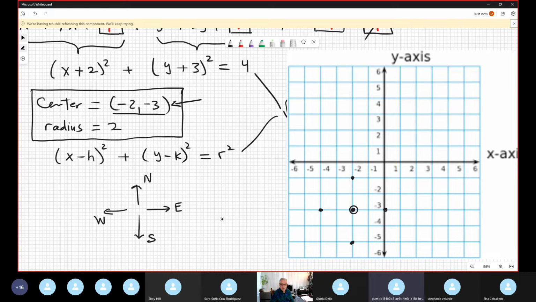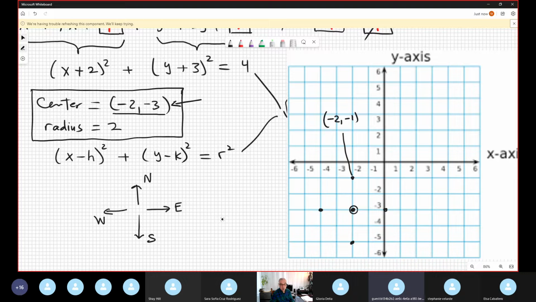This point is -2, -1. Okay, because it's -1. Basically, the center is -2, -3, but when you move vertically, you affect only the y component, no?